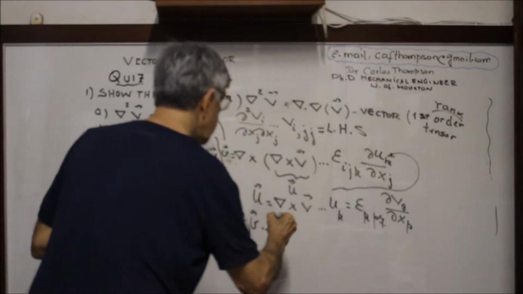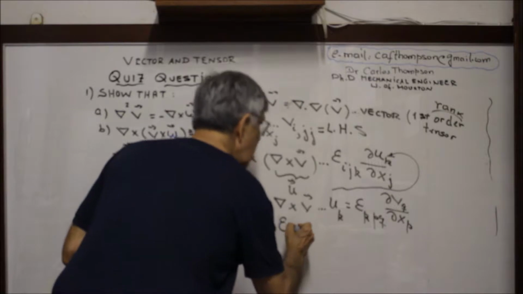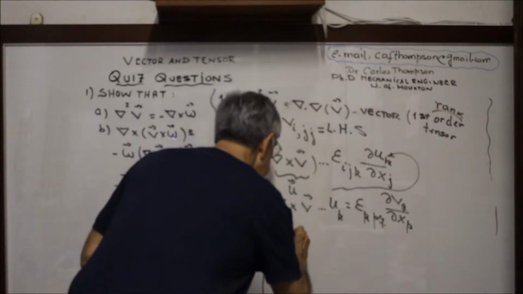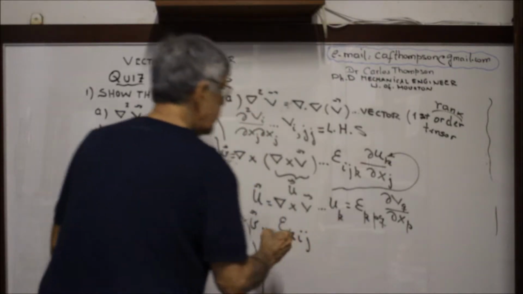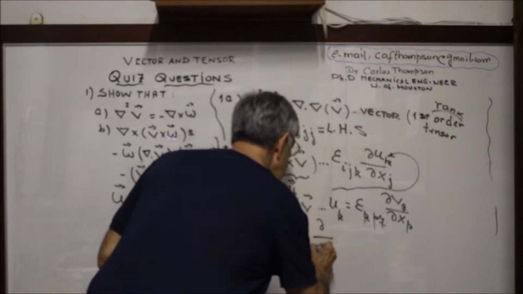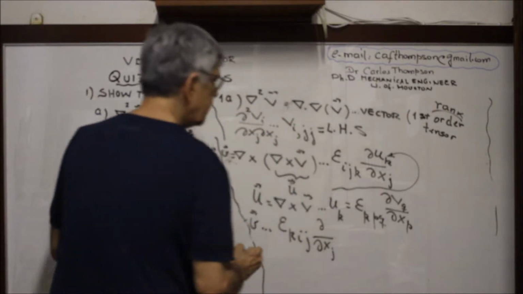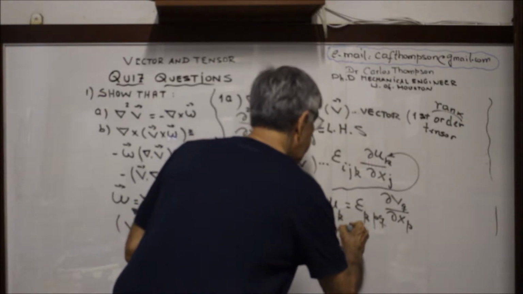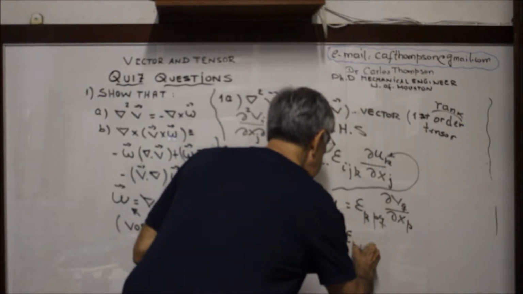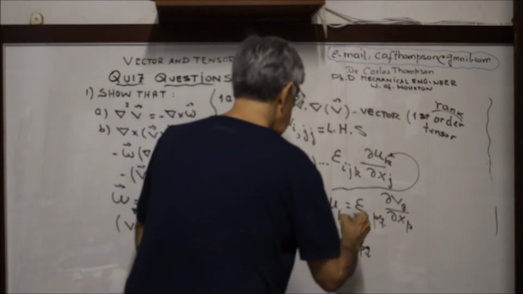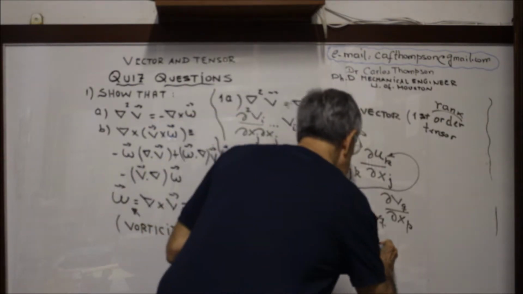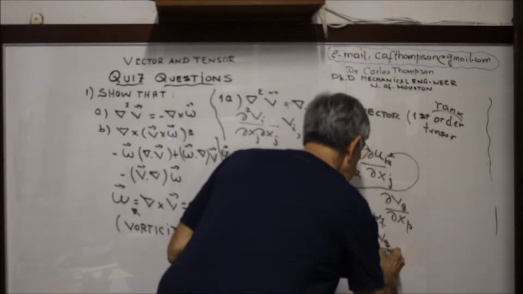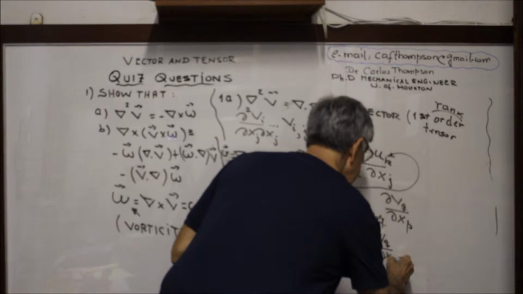Now uk I put over there, so epsilon: this ijk, I move k once, twice. Epsilon kij, partial with respect to xj. Now I'll substitute uk. So this will be epsilon kpq, partial of vk with respect to xp.